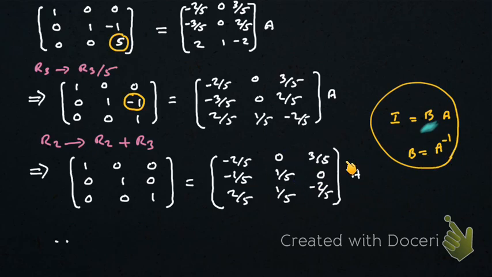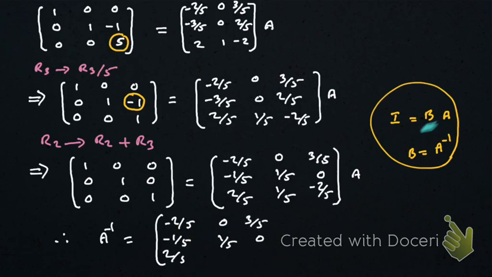Since this is the inverse of A, that's why the product became I. So therefore A inverse is equal to the 3 by 3 matrix which I have here. So I found A inverse.